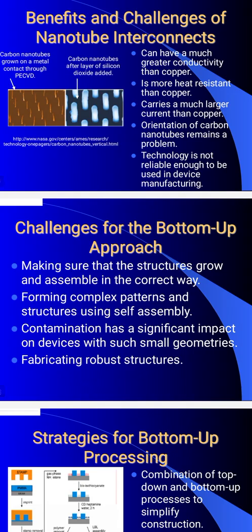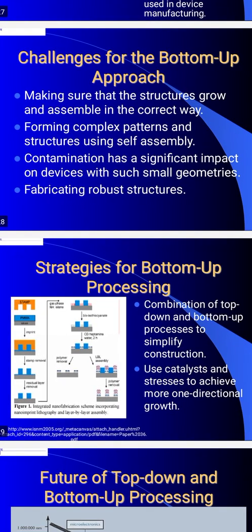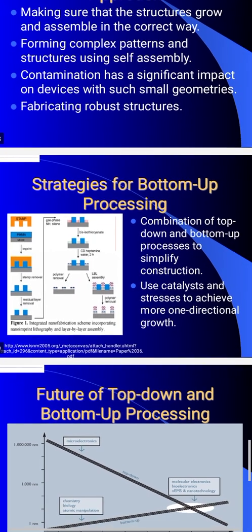Then that's all about challenges. I have already said bottom up approach. The challenges are positioning, which is one of the main problems, and contamination. Forming more complex patterns than expected will also be a problem.